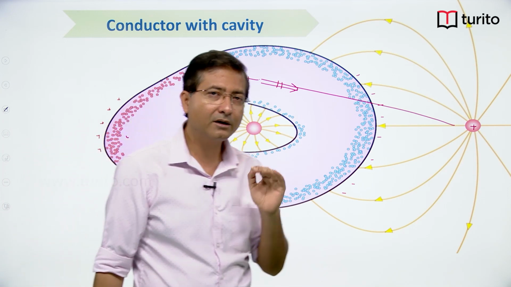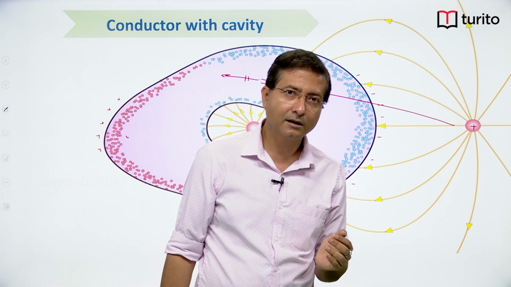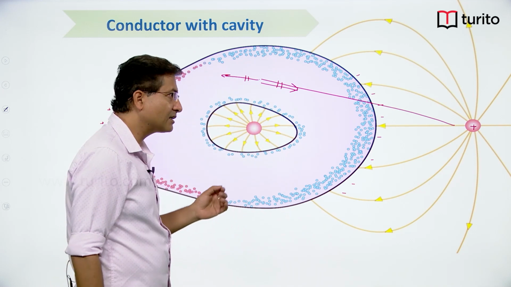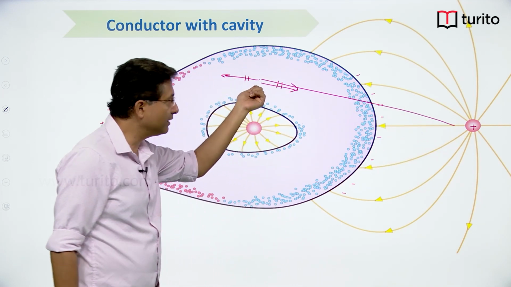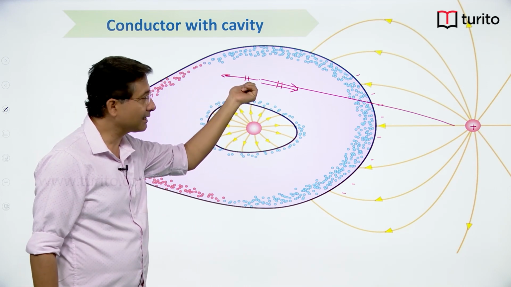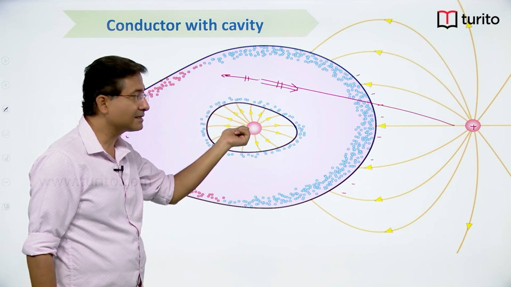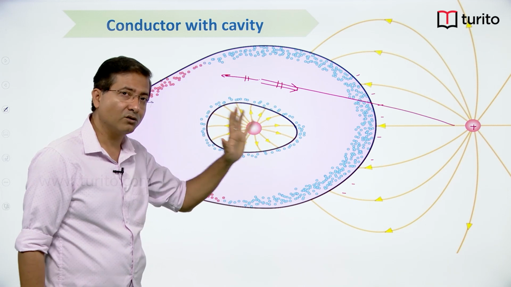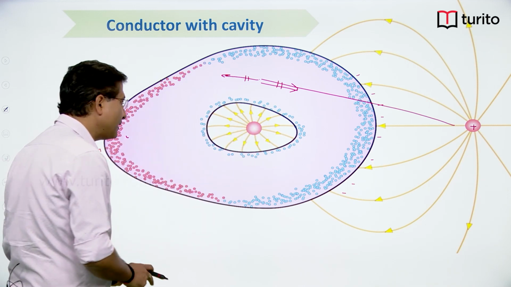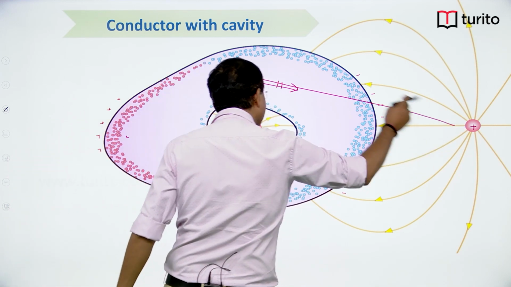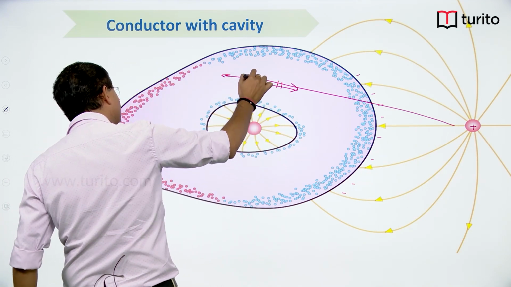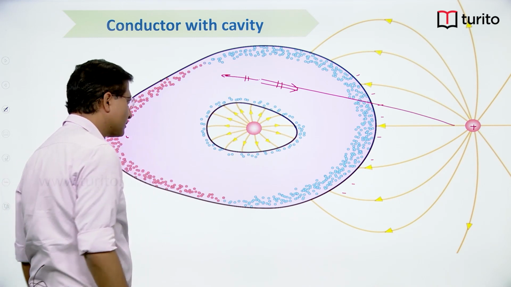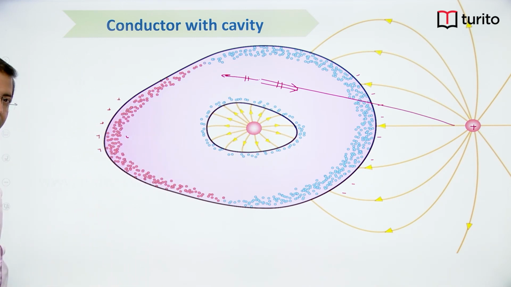The charge appearing on the surface of the conductor and the charge outside the conductor, they together will make the field inside the conductor as well as inside the cavity of the conductor zero. So, their combined effect, this charge and the charge appearing on the surface, will cancel each other on the conductor as well as on the cavity, right.